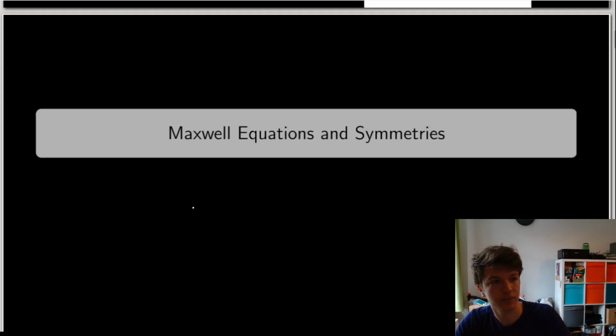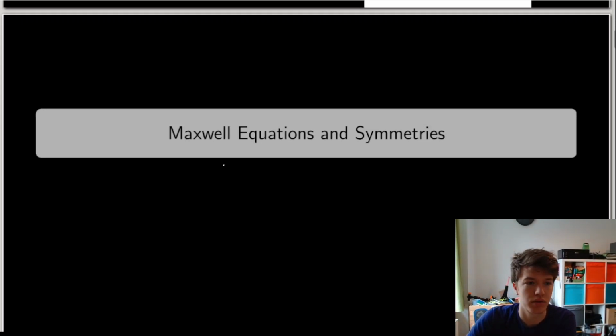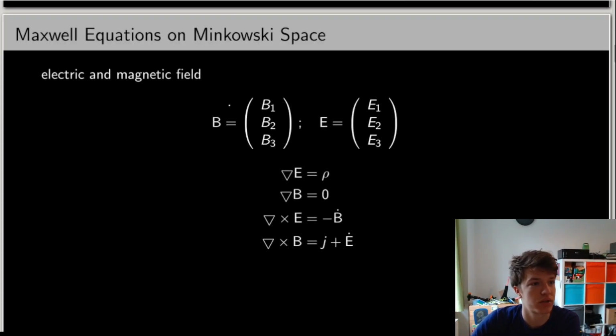So, to start off, Maxwell's equations are describing the electric and magnetic field, now usually called B and E, with the 4 Maxwell equations that we all know in this way, more or less.